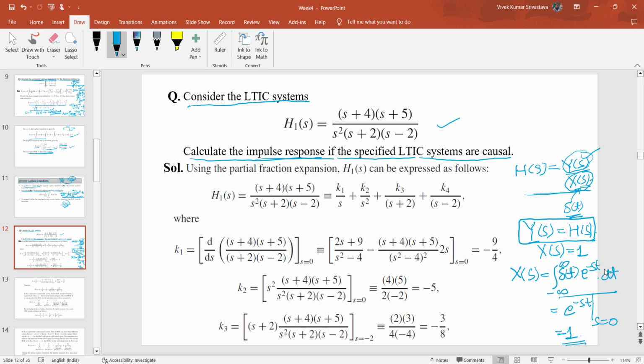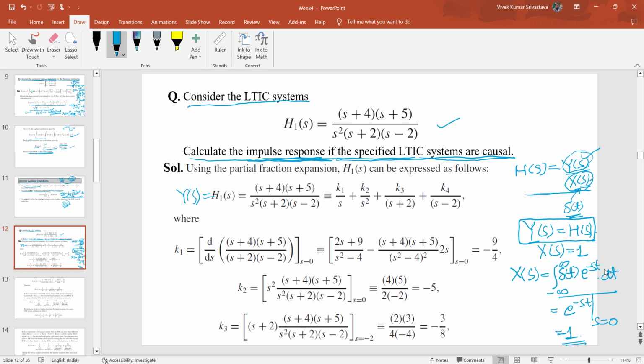Now the question states that we have to calculate the impulse response of the specified linear time invariant continuous time system. So here H1(s) is the same as Y(s).